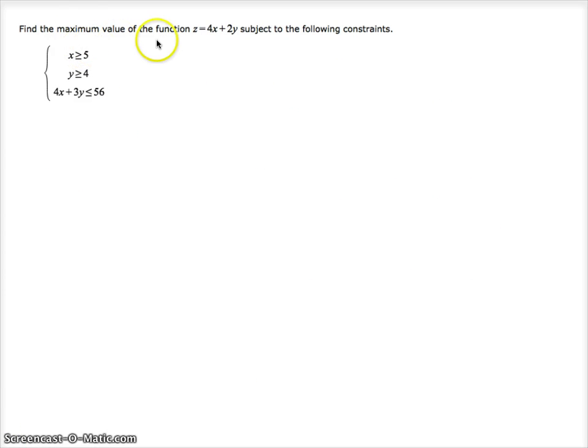Here it says find the maximum value of the function z equals 4x plus 2y. So the first thing I want to do is graph. In order to graph this, I need to solve for y, so I'm going to subtract 4x. 3y equals negative 4x plus 56.